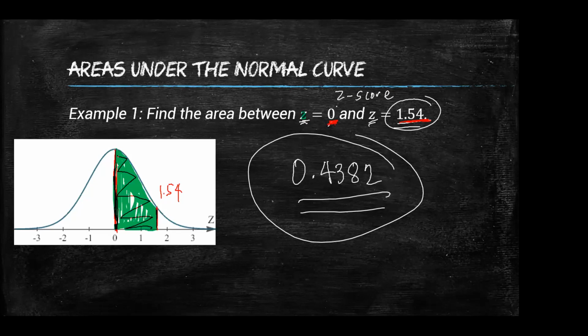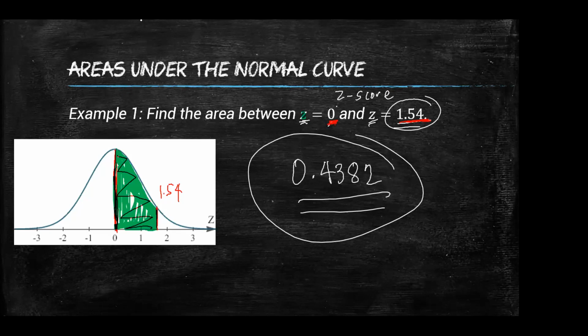Ayan. So, yun po. So, yun lang siya. Simply ganun lang siya. So, pag 0 yung isa ay may z-score, o diretso na kayo dun sa table. Okay? Ayan po.